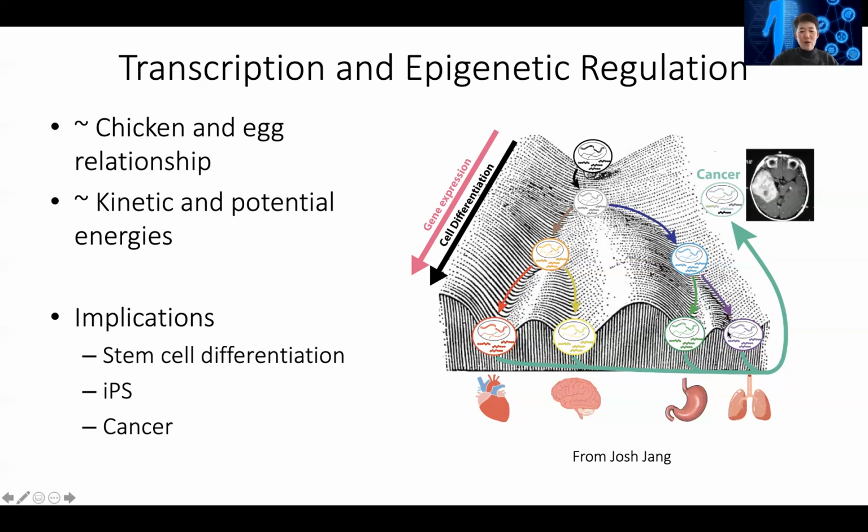And also, the induced pluripotent cell, this iPS process, is from somewhere down the slope, you epigenetically reprogram it to the top of the mountain, to the embryonic stem cells. It's like you are changing the epigenetic status. And in cancer, you can imagine it's like going down ski slopes and suddenly getting stuck in a ditch.